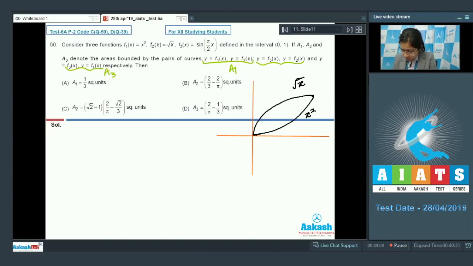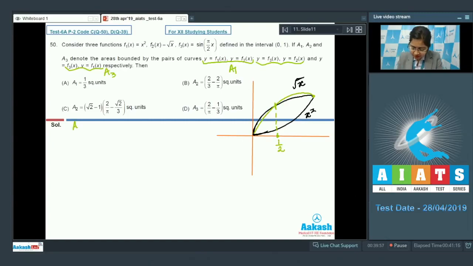Now here we know that its slope is 0 and its slope is infinite here. Now the slope of sine(pi x by 2) is pi by 2. So its graph will be something like this, because at x equal to 1, it will be horizontal, right? So it will cut the graph y equal to root x at x equal to 1 by 2, right?